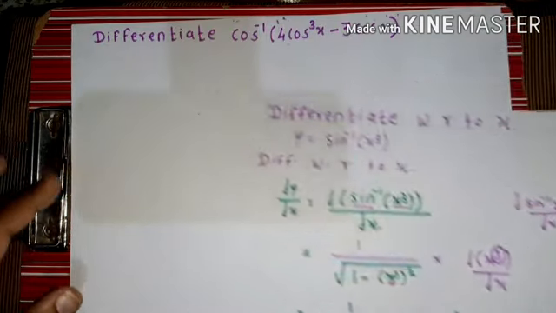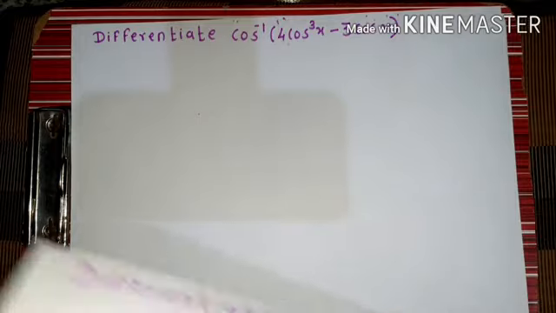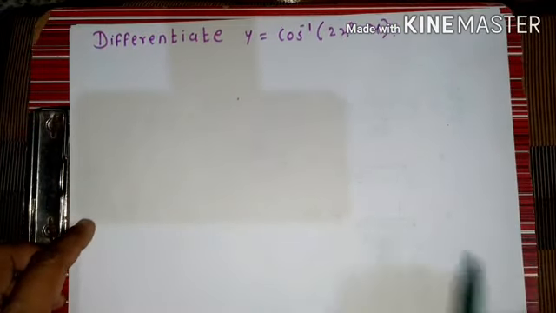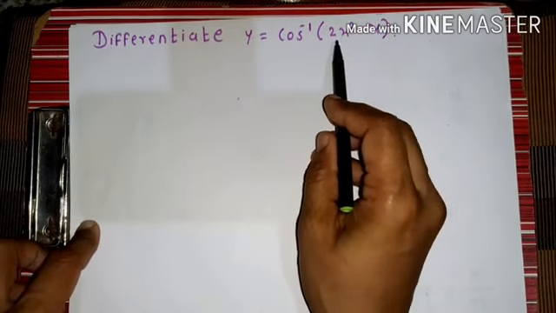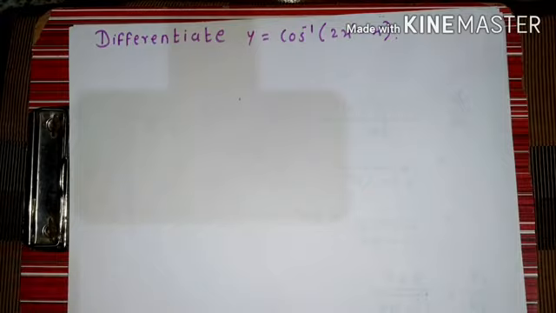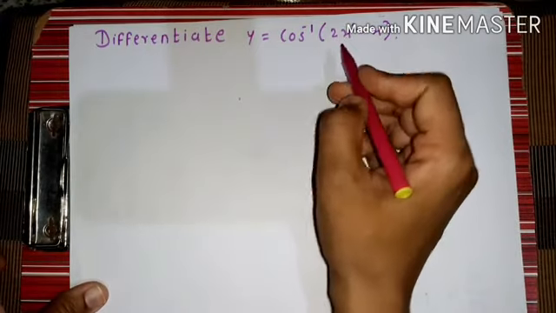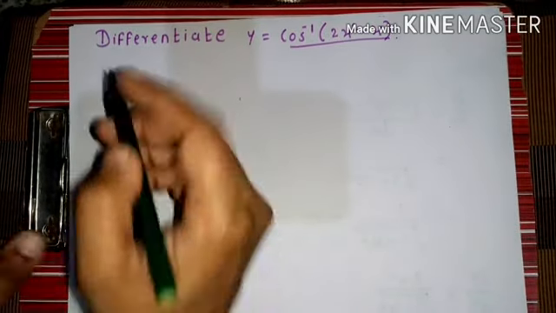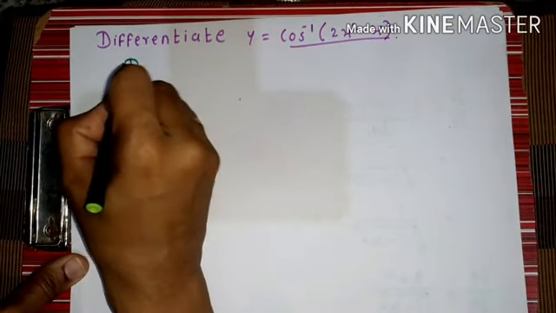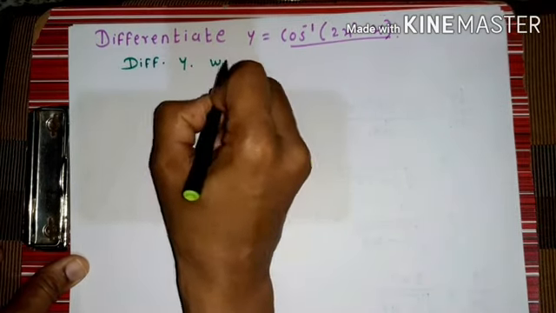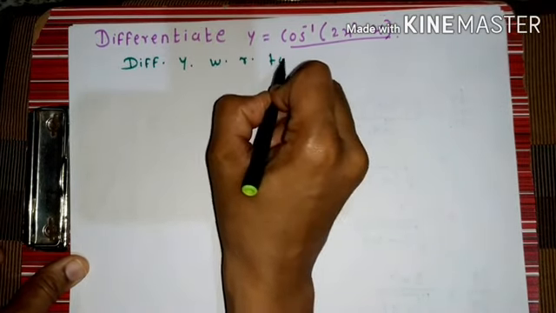Okay. Now, the next example, differentiate y equal to cos inverse of 2x square minus 1. Okay. So, let y equal to cos inverse of 2x square minus 1. This is a function. Now, differentiate it with respect to x. So, differentiate y with respect to x.